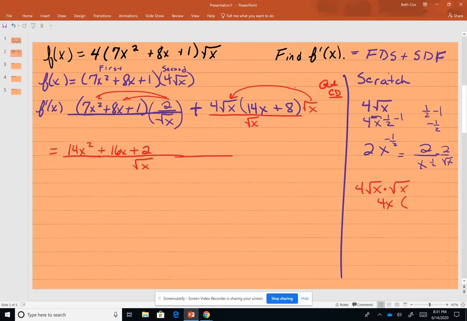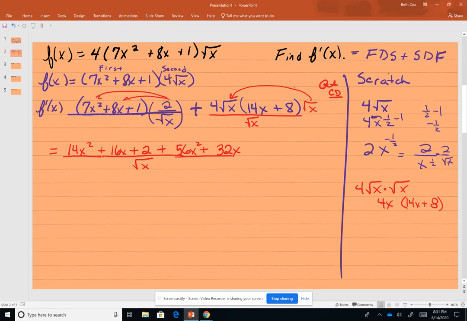So now I've just got to do 4x times 14x plus 8. Wow, really? That's it? That's it. So now when I do that, I'm going to get a plus 56x squared plus 32x.